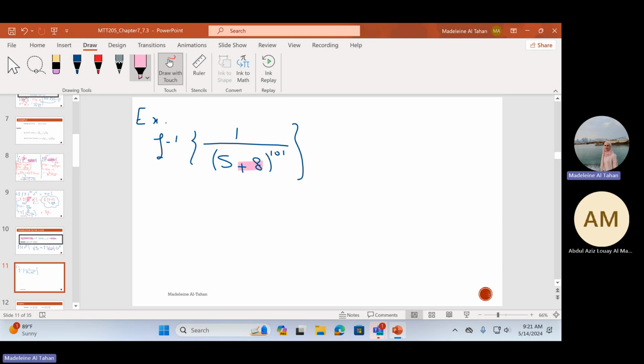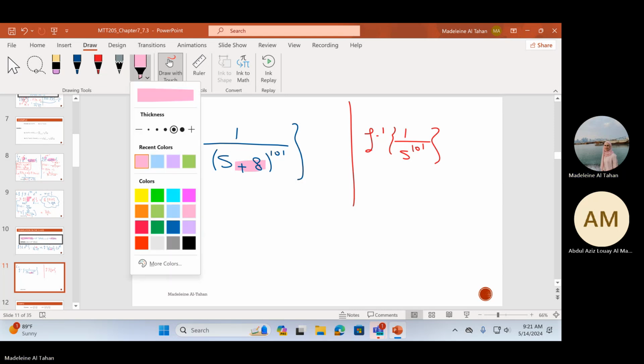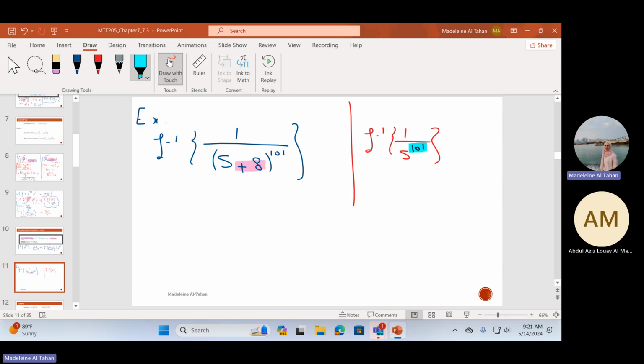We don't have this shift. What would we get? The Laplace inverse of 1 over s to the 101, using the table. This is the form 1 over s to the n plus 1, which means that n equals 100.